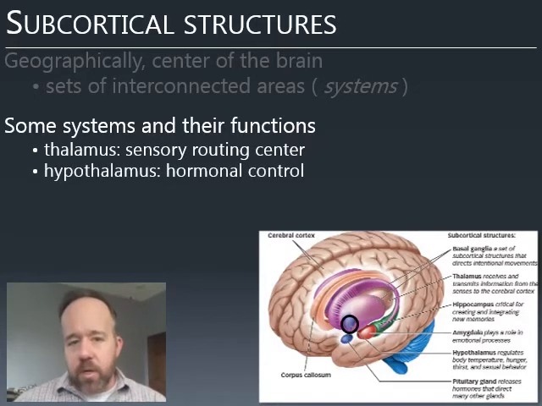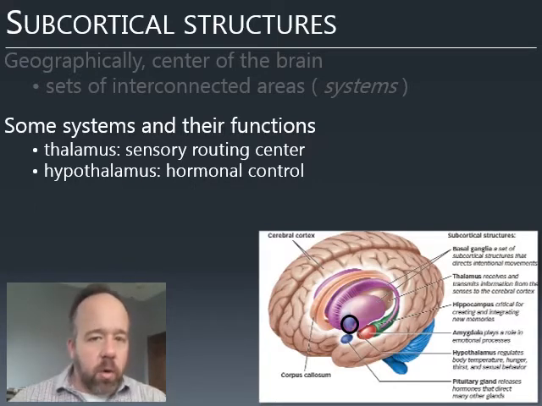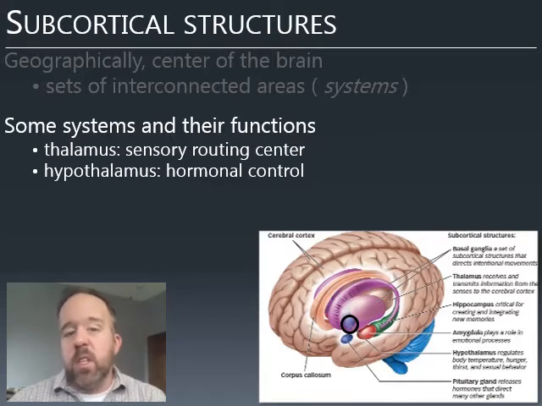The hypothalamus is, as the name suggests, under the thalamus. Hypo means under. And so the hypothalamus is involved in a lot of physiological control, in particular dictating hormone levels. So the part of your body that actually releases the hormones is the pituitary gland, but the hypothalamus dictates a lot of what the pituitary does.